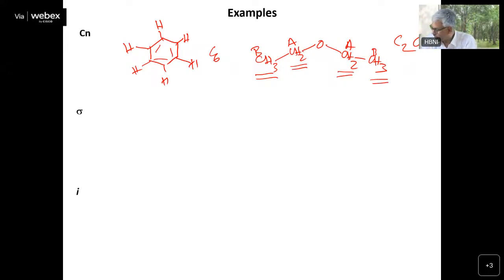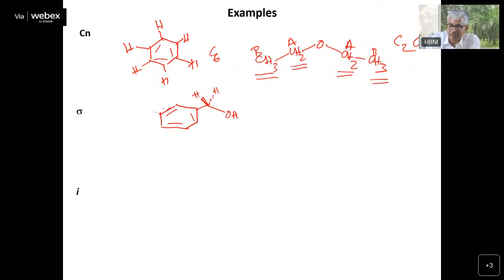Now let us see another molecule. This molecule does not have an axis of symmetry, but it has a plane of symmetry.